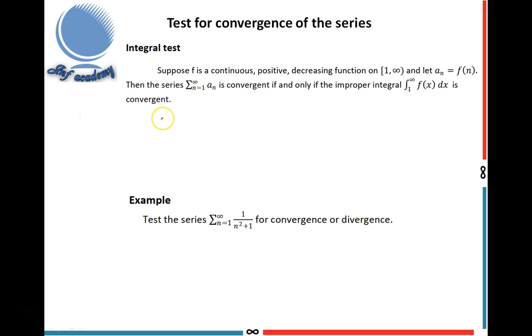First I write the condition for convergence: if the integral from 1 to infinity of f of x dx is convergent, then the series is also convergent. This is the integral test for convergence.